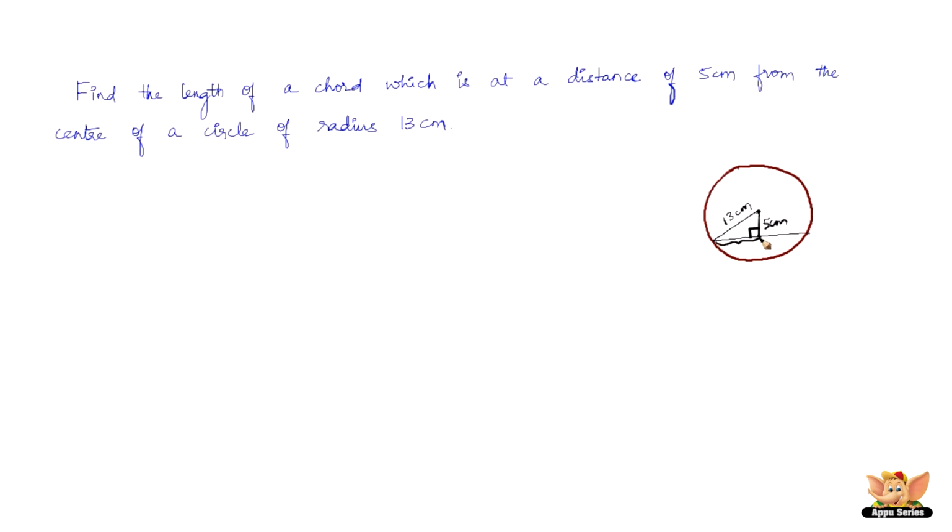We first have to find this length and double it to find the length of the entire chord. The entire chord is from this point to this point, but we cannot find this straight away because we first have to consider this right angle which contains exactly half the chord. Again, this follows from the property that a line perpendicular from the center of the circle bisects the chord. So that is the concept we are using here again.